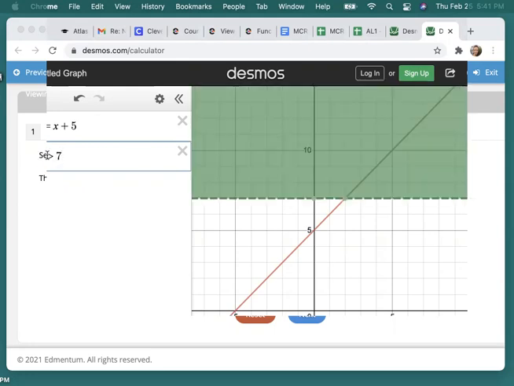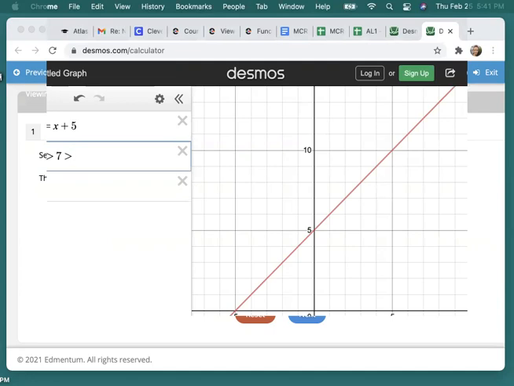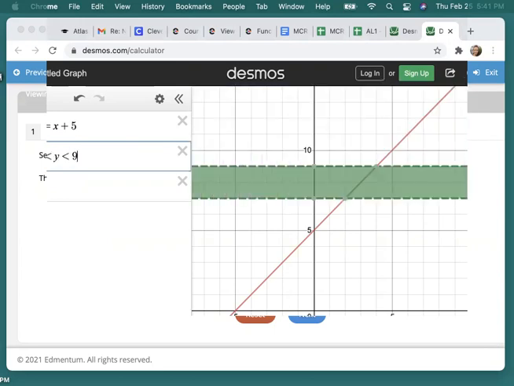Okay, so between is, how about I do 7 is less than y is less than 9. There we go. So I'm just looking at the line in between here and here.